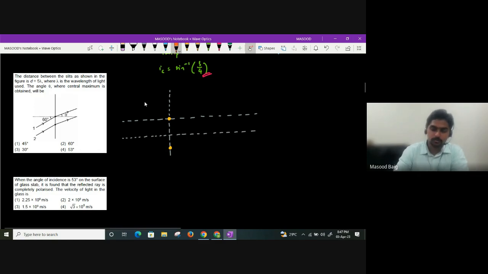They're asking what would be the location of central maxima. For central maxima formation at that point you should not have any path difference, guys.